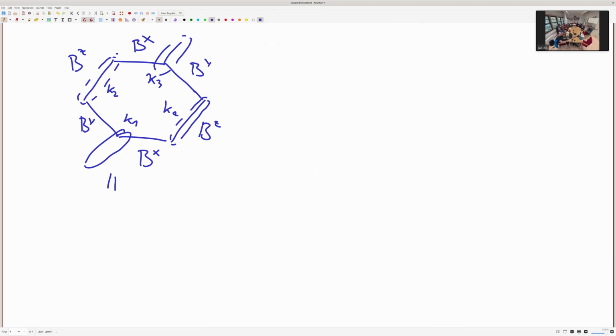Then I can expand this B operator in terms of the gammas. And you see, starting from here, this will be like i gamma, kind of connecting K1 with K2. So this will be something like this. And then the next one will be a Z1, which is instead something like i.